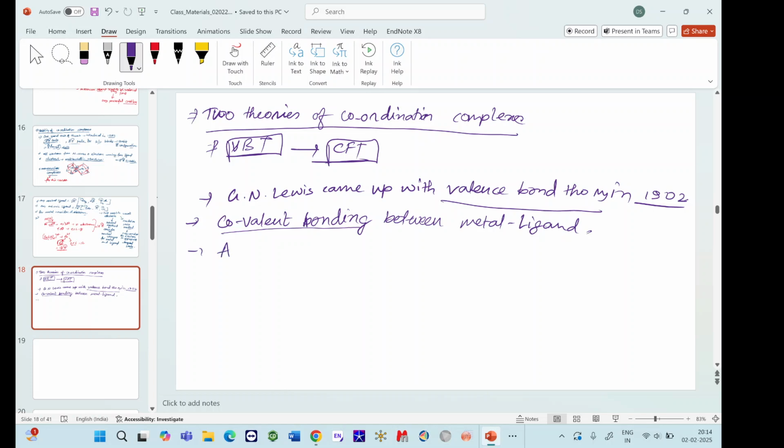So what were the assumptions? Ligand forms the covalent bond.